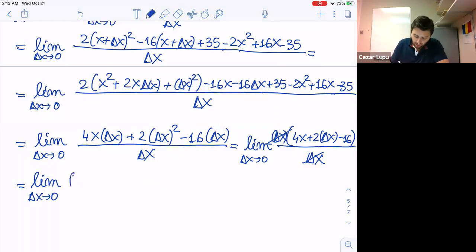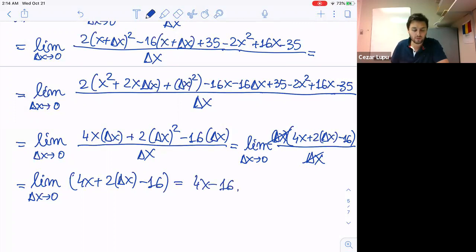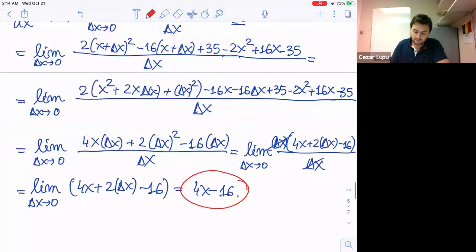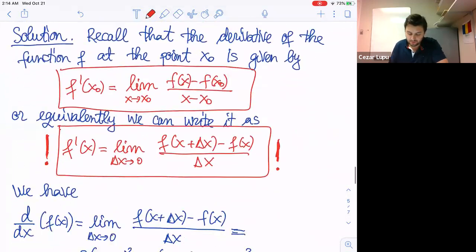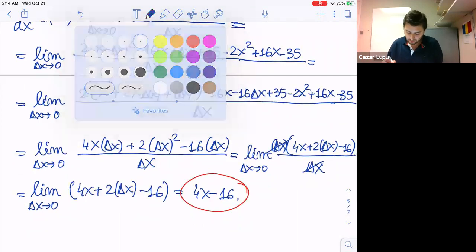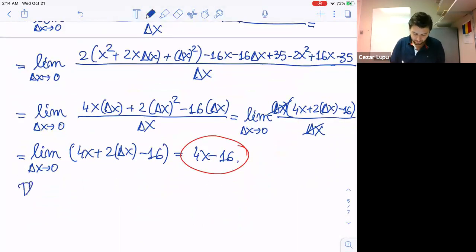This is the limit as delta x approaches 0 of 4x plus 2 times delta x minus 16. And if you plug in delta x approaches 0, this would be nothing else than just 4x minus 16. And guess what? That is the derivative. So this is the derivative of the first function. We can say that the derivative of f is 4x minus 16.